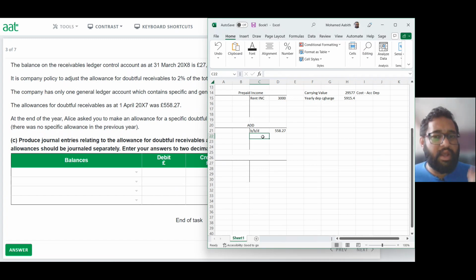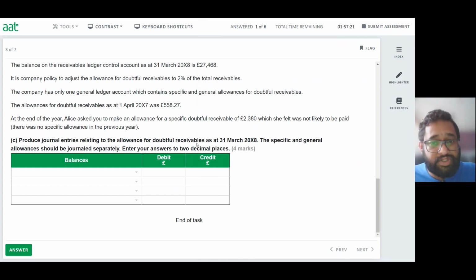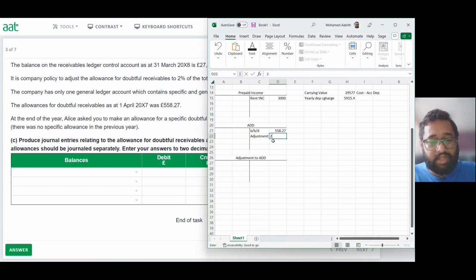Okay, so for the specific allowance for doubtful debt, the second account is going to be adjustment to ADD. Here we have to say adjustment because we're increasing it, isn't it? So the adjustment is going to be for the amount of 2,380 pounds, 2 decimal places. So here 2,380.00, and this one also will have 2,380.00 because it's just automatically adjusting on Excel.